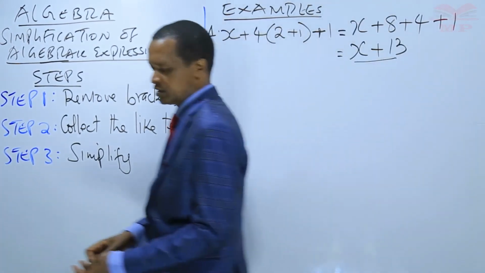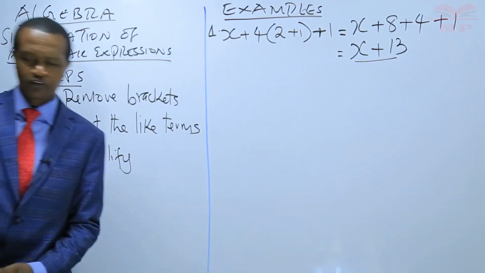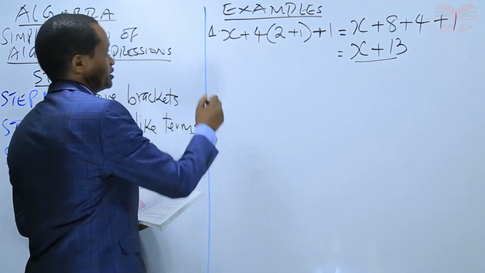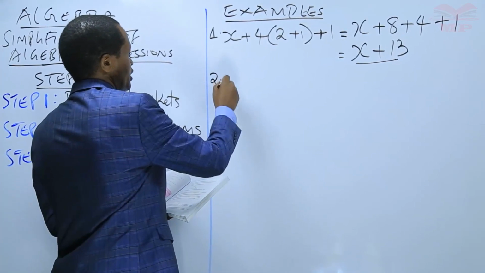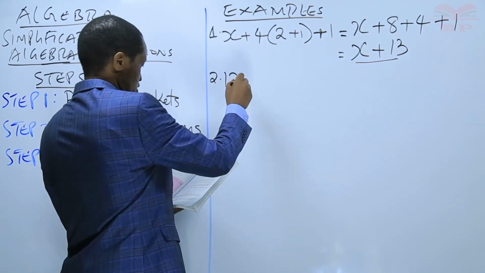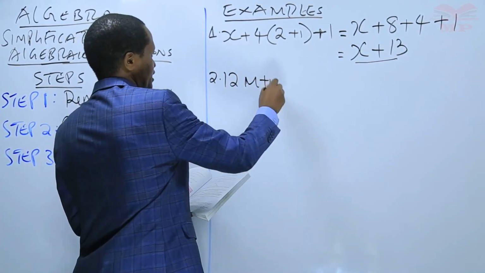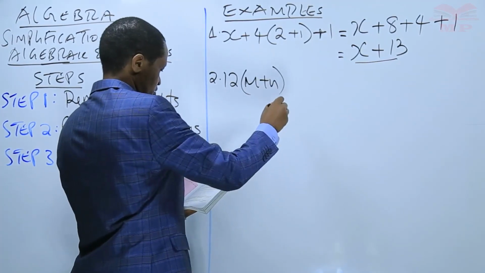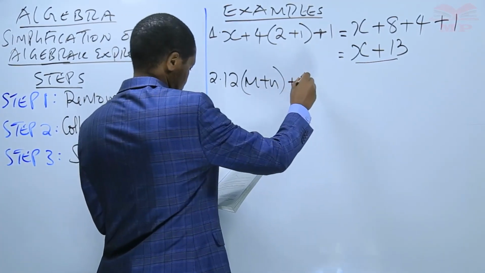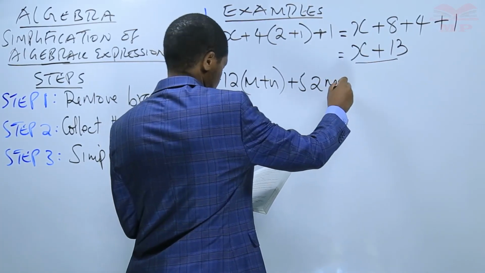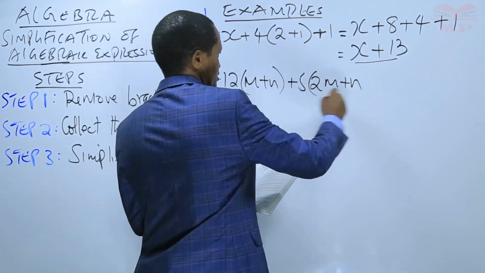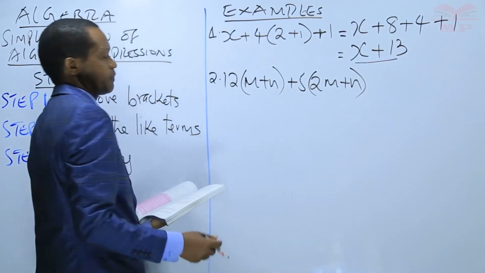Let's work out the second question from the pupils book. This is number 2. Example number 2 is 12 into m plus n plus 5 into 2m plus n. Simplify.